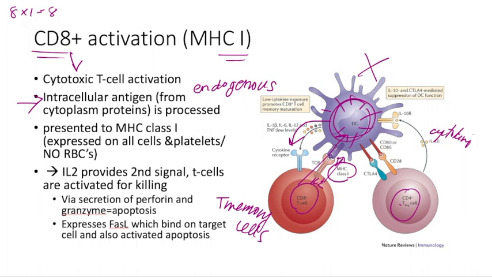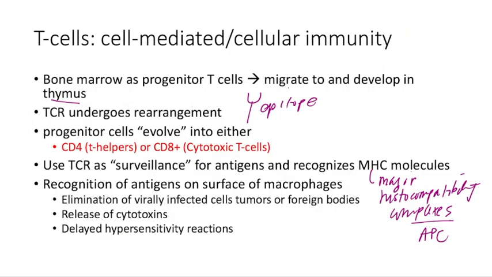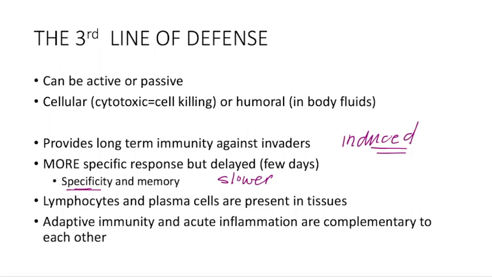When we get the cytotoxic T cell activation, this is what we call cellular immunity. Cell-mediated cellular immunity, and remember we have 2 types, cellular cytotoxic or humoral body fluids. And cellular cytotoxic is T cells and humoral is B cells.